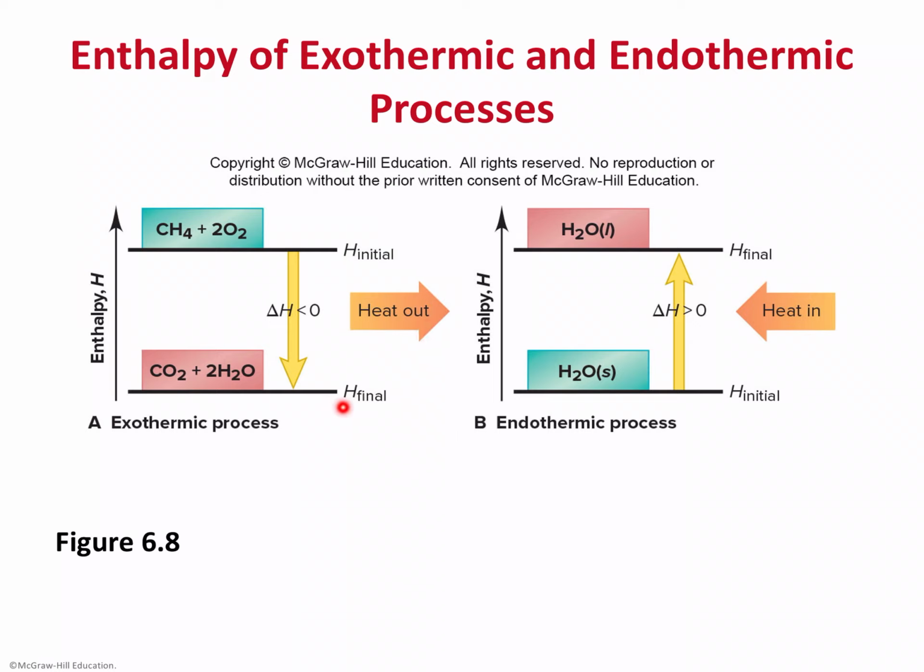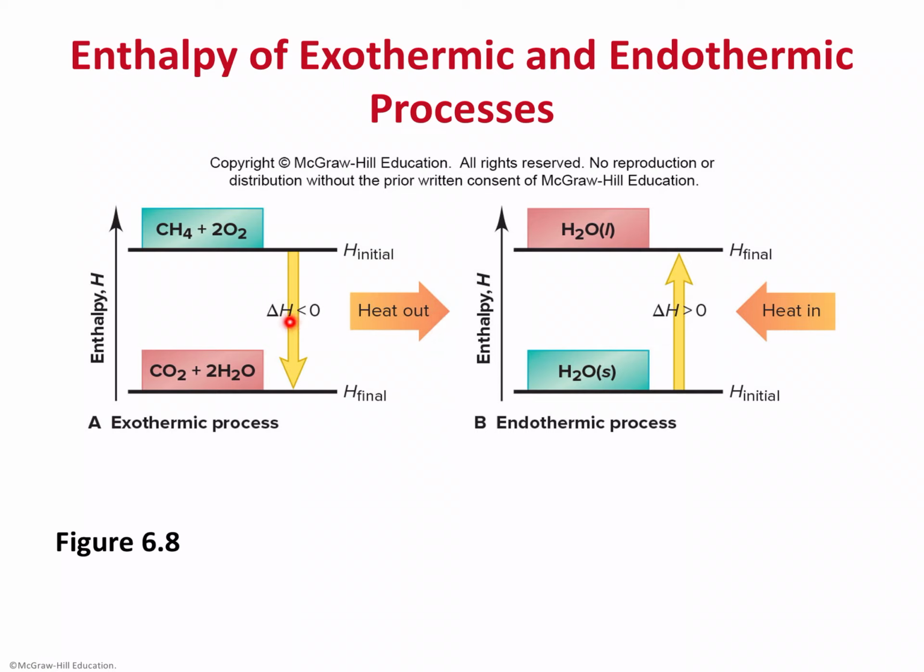So the product has less enthalpy compared to the initial enthalpy. This is the initial amount, this is the final amount. So heat is being released to the surroundings. What do you call this? Is it an exothermic reaction or an endothermic reaction? If the heat is released, that is called an exothermic reaction.